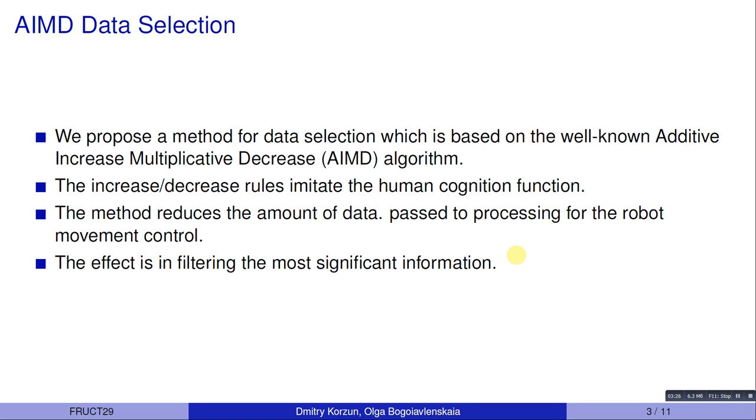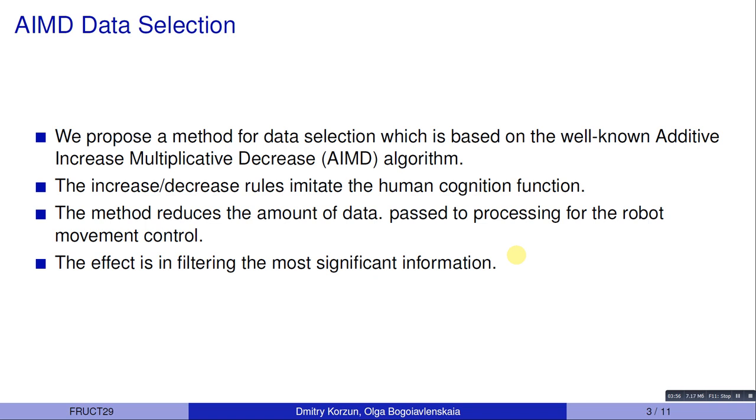And if we are pessimistic, we have to watch the events more carefully, so we decrease the parameter, which increases the level of our attention. So through this algorithm, we try to imitate the human cognition function in its observation part.